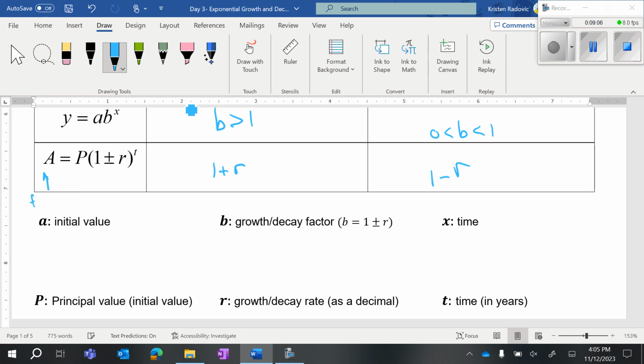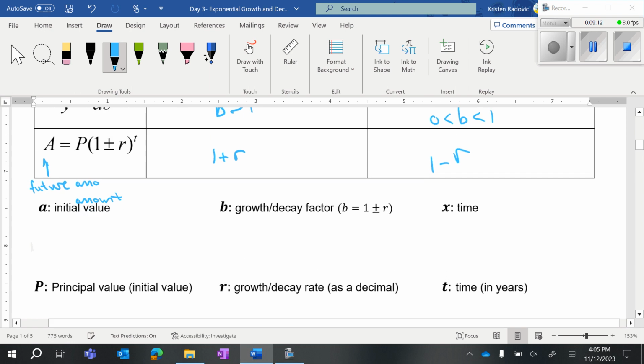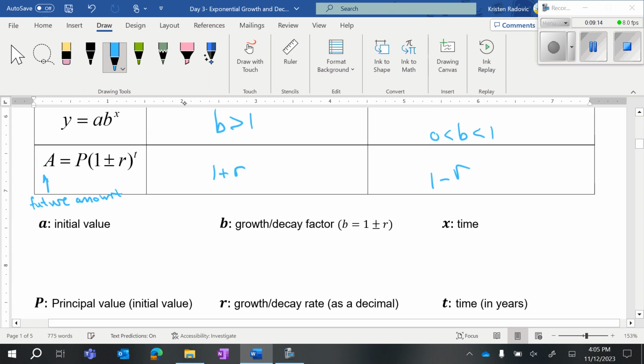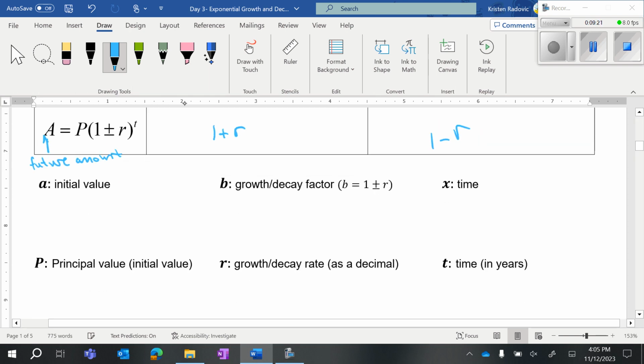A is your future amount. So P is your initial, whereas A is how much money you're going to have in the future. Typically, we're going to be talking about money. Just please be careful between the word growth factor. Your growth factor is the entire base, whereas the rate is just the value of R.